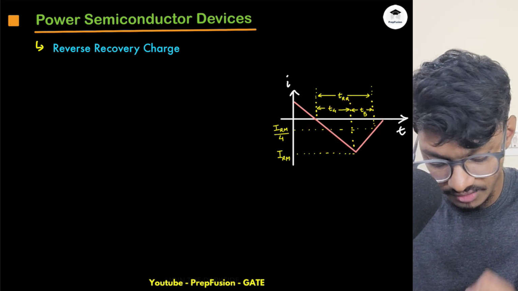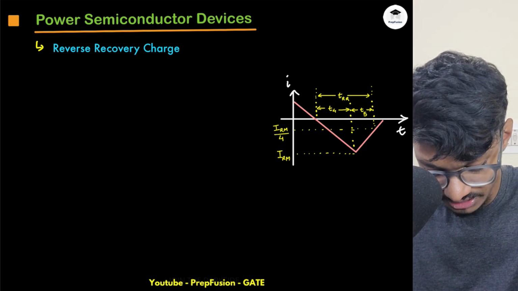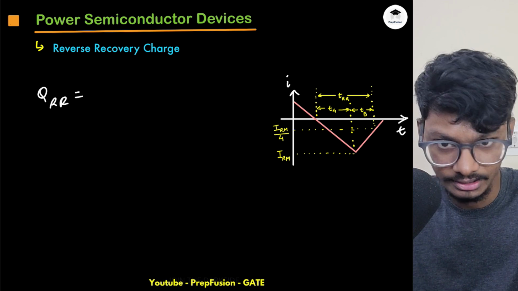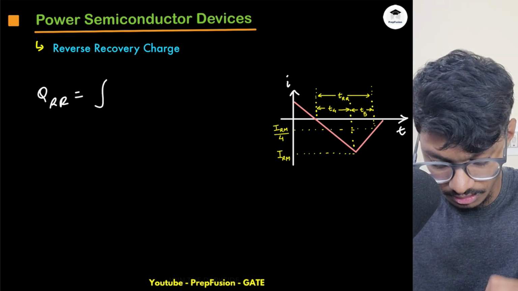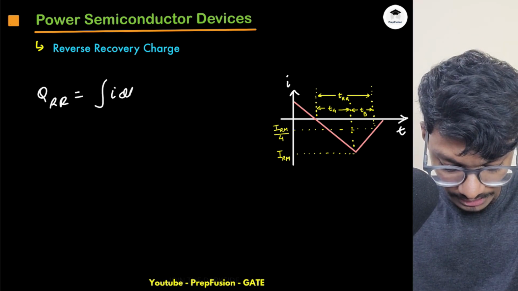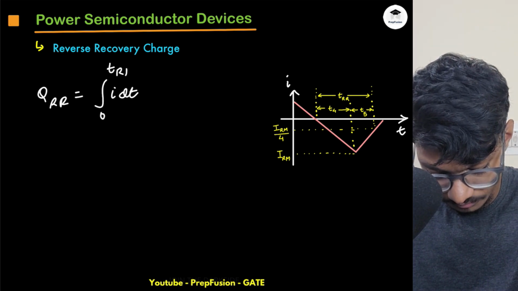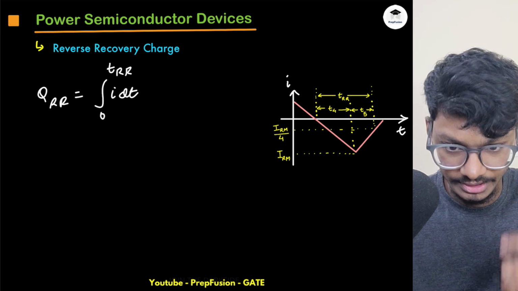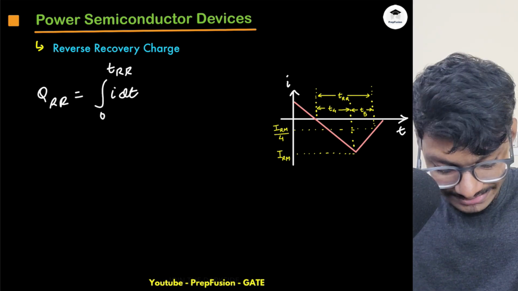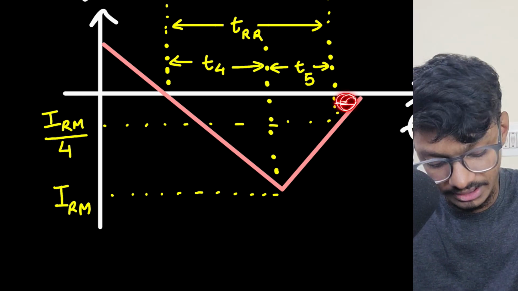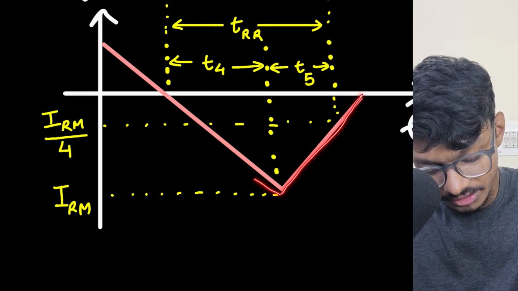So what will be the reverse recovery charge? QRR will be the area under this graph, which is the integration of i dt from 0 to TRR. Now what I observe here is that this is a triangle, and I'm ignoring the fact that I am computing the whole area.